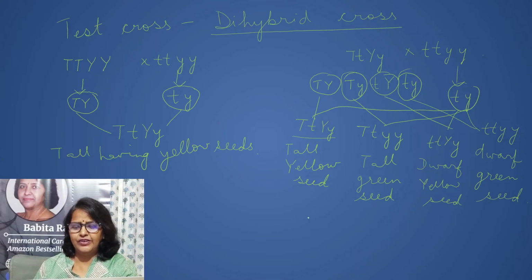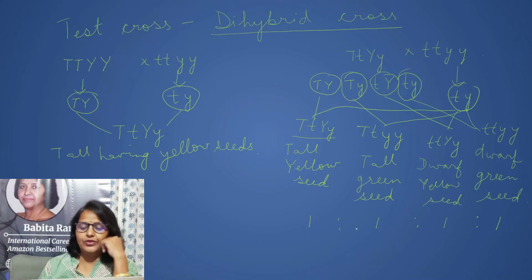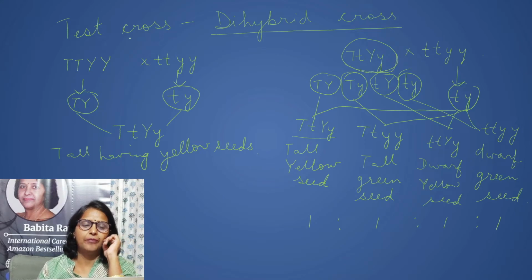So what is the ratio of all the different types of phenotypes? 1 is to 1 is to 1 is to 1. So if we get 1 is to 1 is to 1 is to 1 ratio, that means the plant that we had taken had heterozygous genetic makeup.